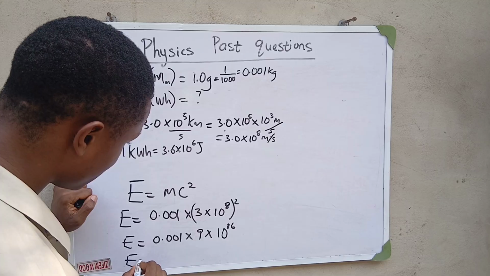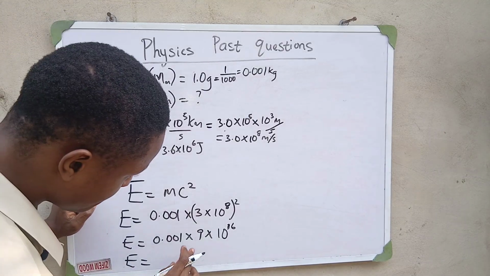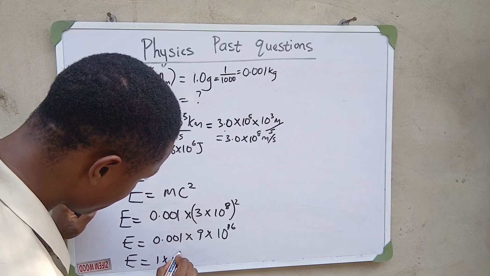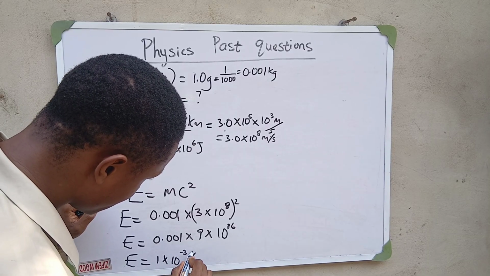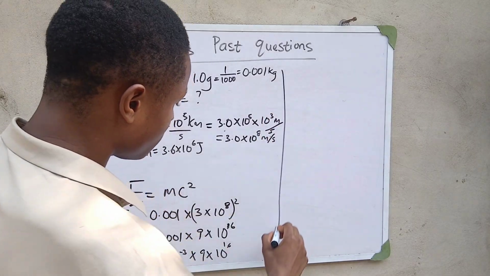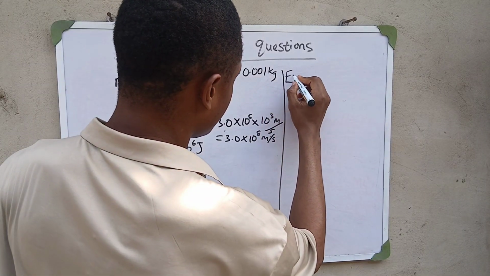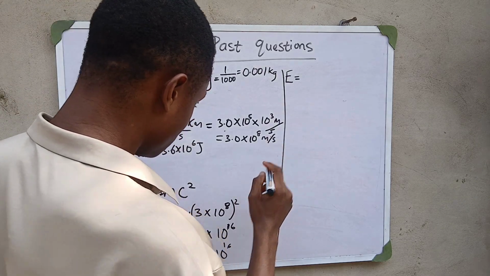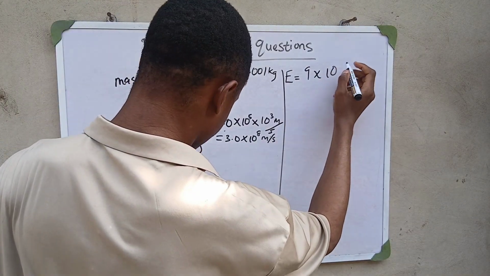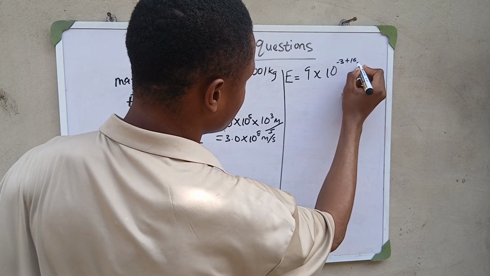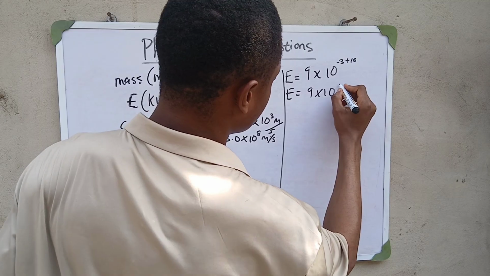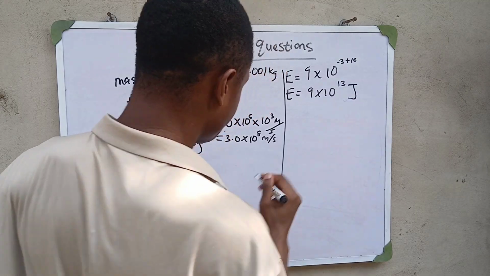So we have E equal to 1 times 10 raised to power minus 3 times 9 times 10 raised to power 16. So our energy is, this times this, we have 9 times 10 raised to power minus 3 plus 16. So our energy is 9 times 10 raised to power 13 joules.